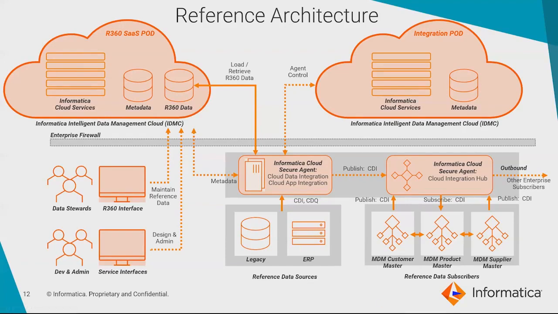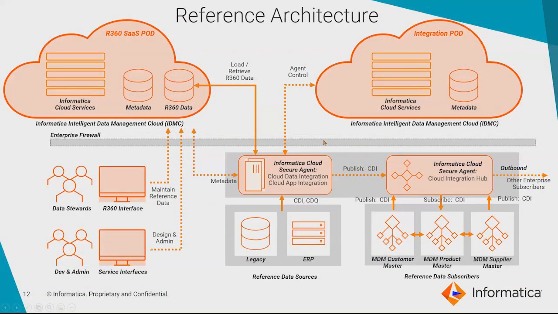For example, maybe a list of general ledger accounts, or supply chain and logistics, such as warehouse locations, or this data may come from a legacy system that was used previously for managing reference data, even just Excel sheets on a SharePoint that's been managed by similar teams in the past. These can be read using the IICS Secure Agent and attached to the integration pod, which then populates the code lists in Reference 360 using the REST API. The data stewards can use the same interface, which you saw in the demo, to make changes and maintain this reference data over time.